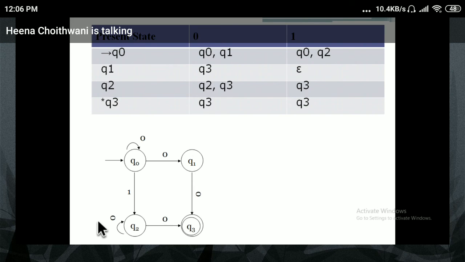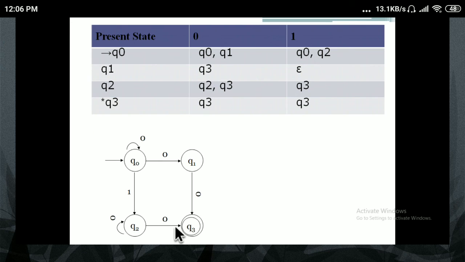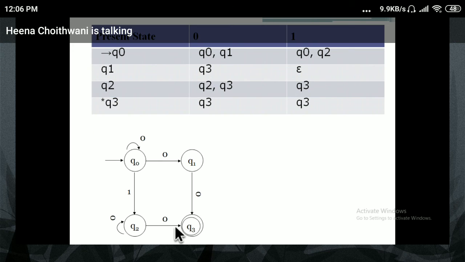Q2 on 1. Q3. So instead of this 0, can I write 0 and 1 both on the same arrow? Yes. Check here.